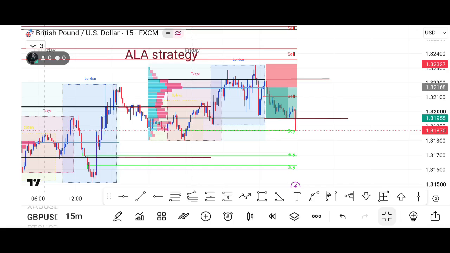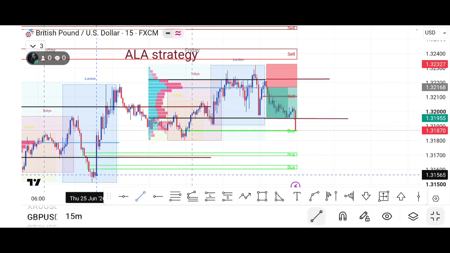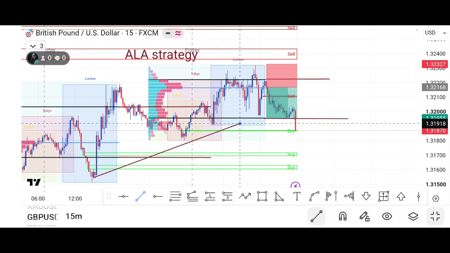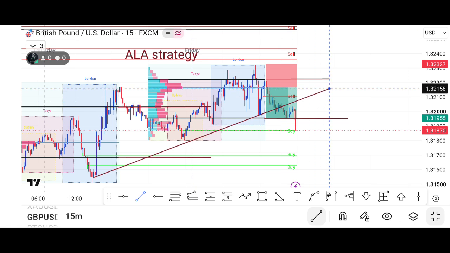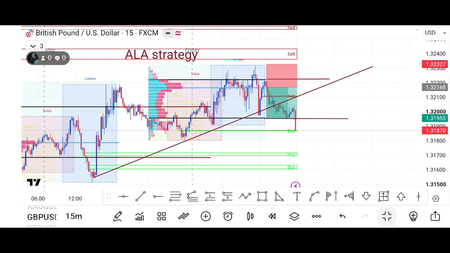The market did this. As you can see, the market is on a bullish trend, but the market broke that trend and went downward. Because the big institutions are putting heavy trades on the short side.